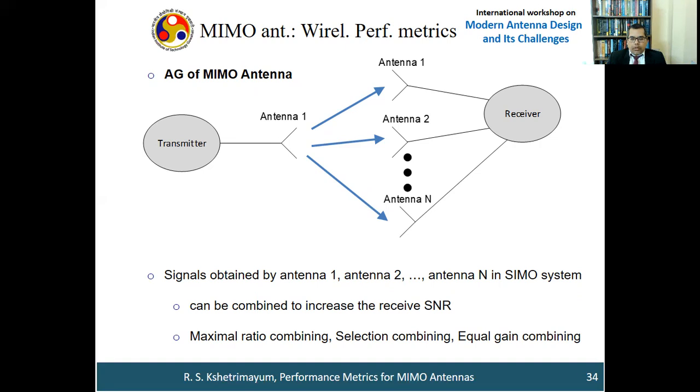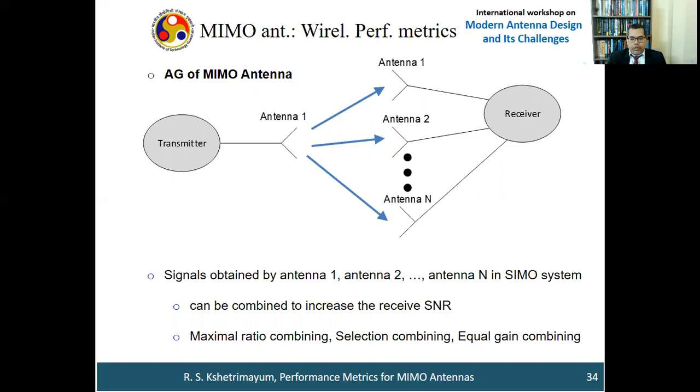Because of the combining we do at the receiver side, the SNR of the signal received is going to improve.